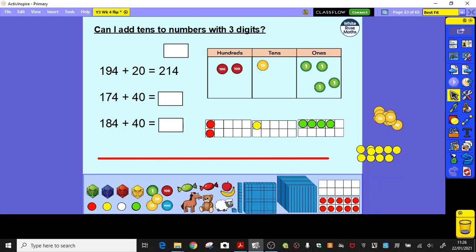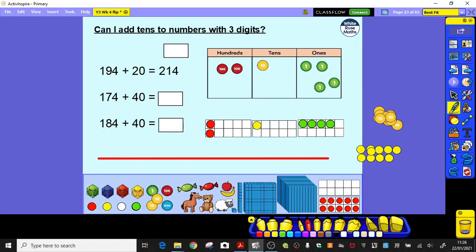174 plus 40. Now I'm going to show this on the number line. So I'm going to start at 174, and then I'm going to count up in tens. So I need to add 4 tens. So 10 more will be 184. 2 tens would be 194.